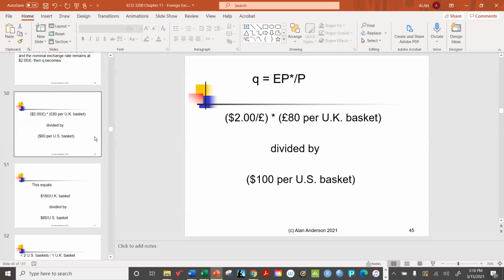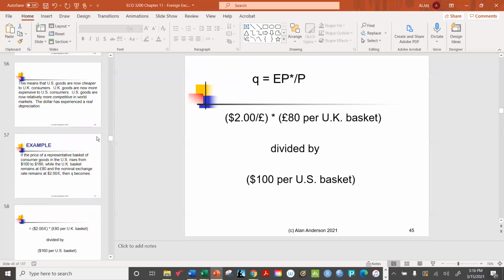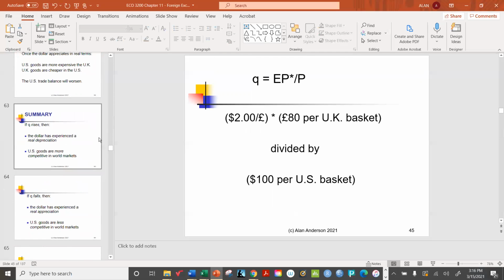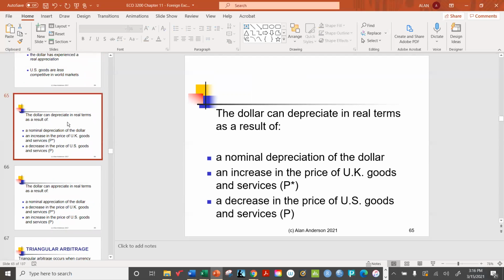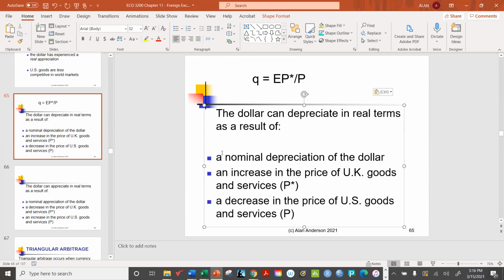You'll see that, now remember, a depreciation in real terms means a higher level of Q, or Q increases.